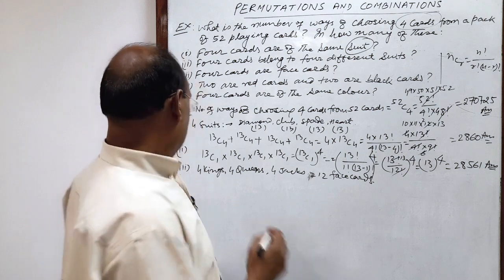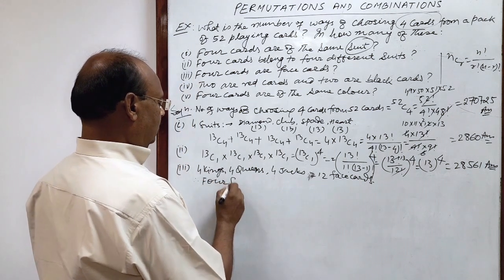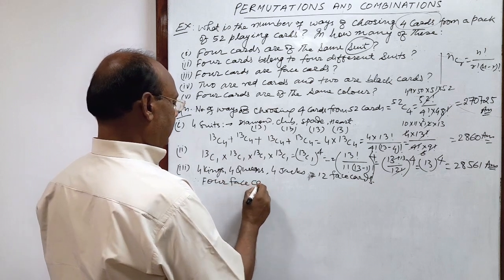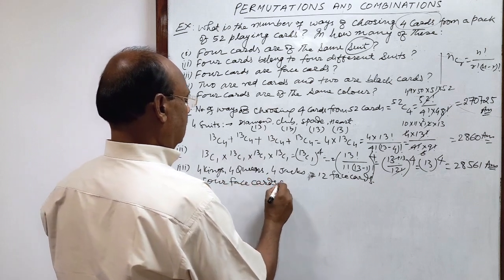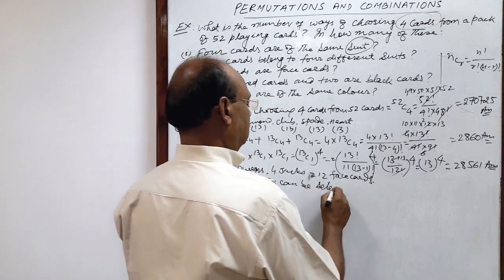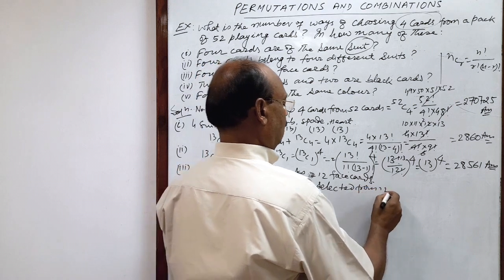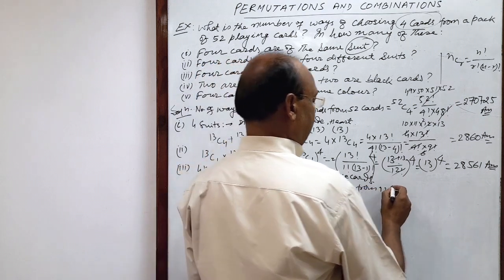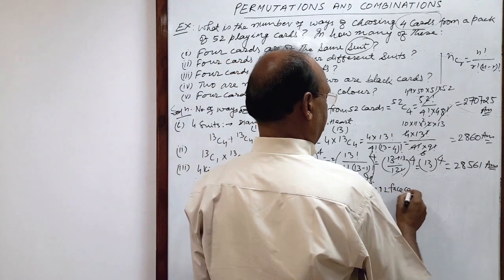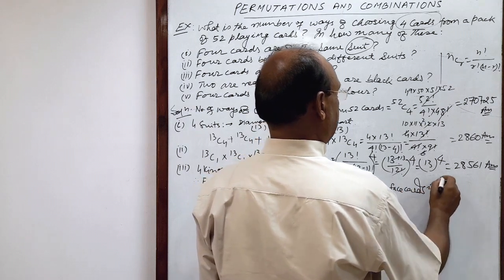Correct? So therefore 4 face cards can be selected from 12 face cards in how many ways?